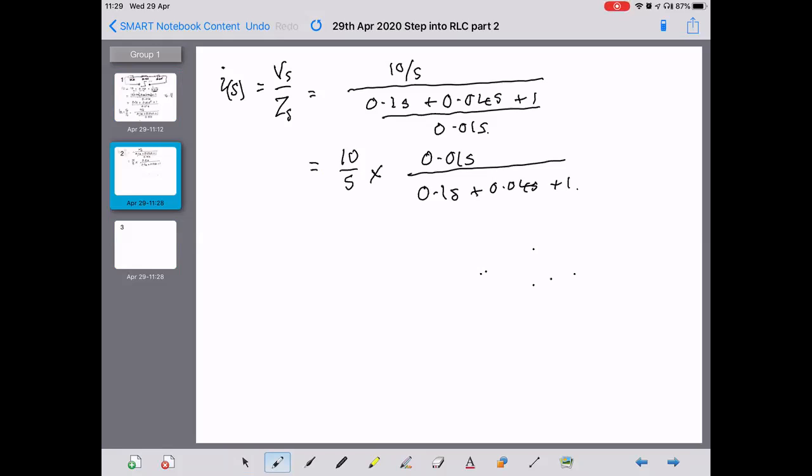And then if we multiply the top and bottom out, so 10 times 0.01 S. Sorry, Mike, was that not 0.04 S squared? Did you not mention before? Yes, it is squared, Peter. Well spotted. You spotted my deliberate mistake.